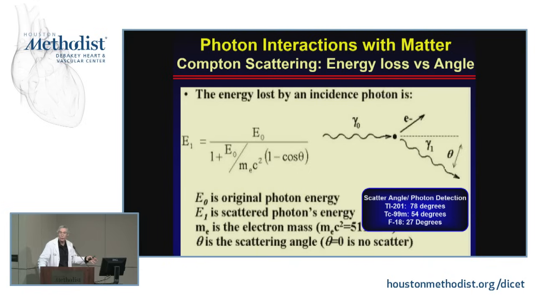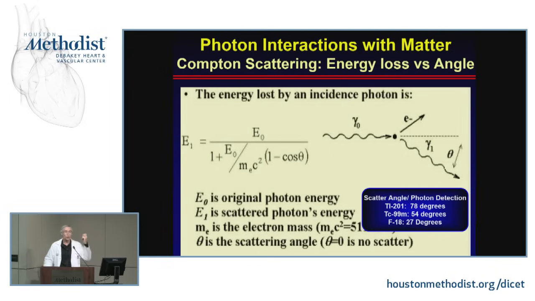The other important thing to remember is that high energy tracers like F-18 or technetium, for every degree of angulation, they lose a greater degree of energy than low energy tracers, okay? So that's important because we do not want to image scattered photons.